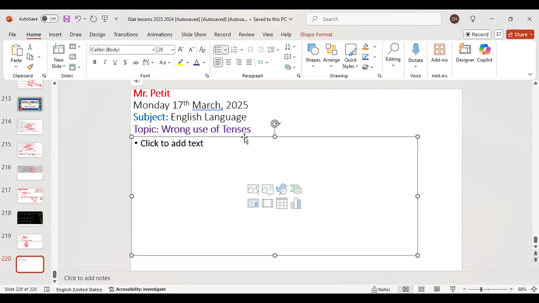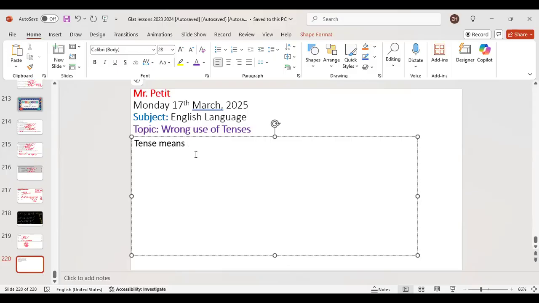But what does tense mean? The way you speak. Okay, anyone else? What does tense mean in English?